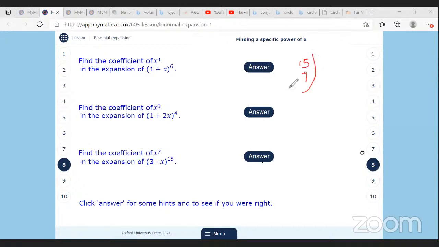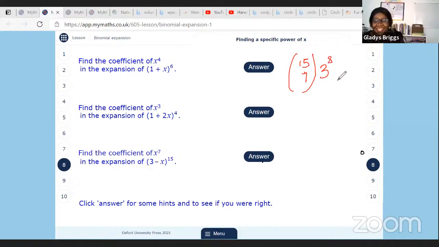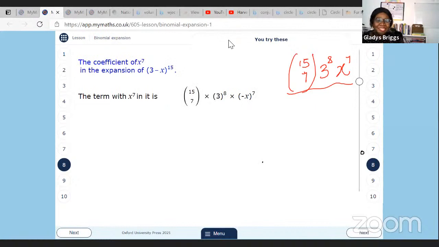I found that and I calculated. That's it. Should we check? It's minus here. Because by the time you get here, it'll be minus, because this is minus.